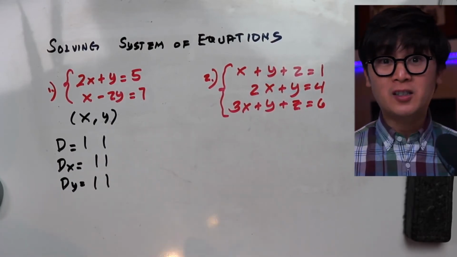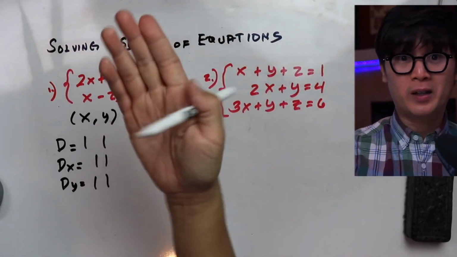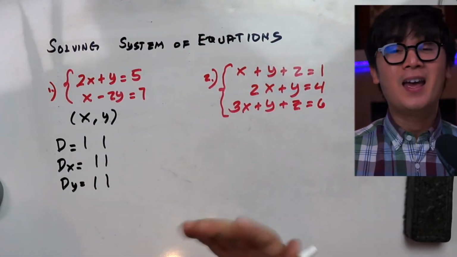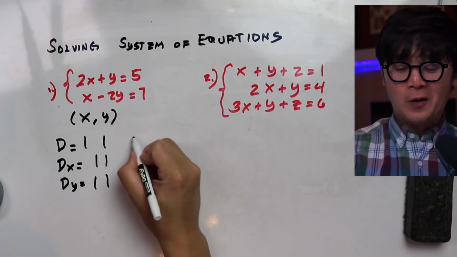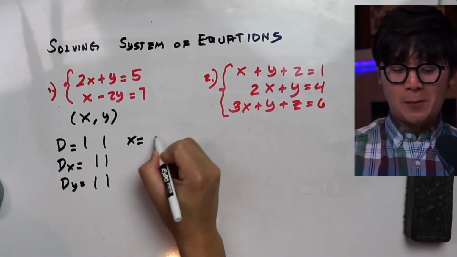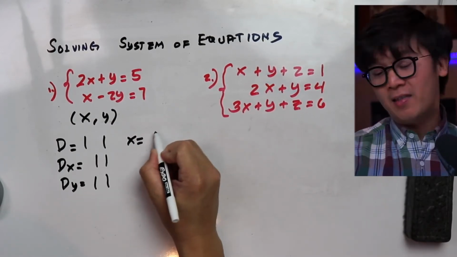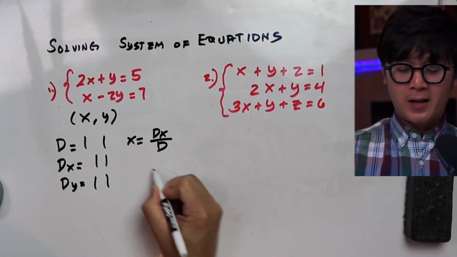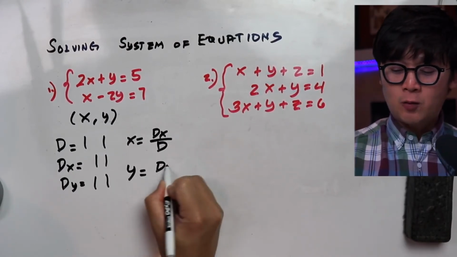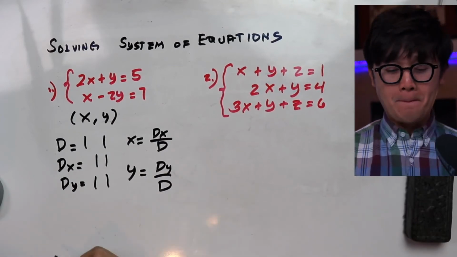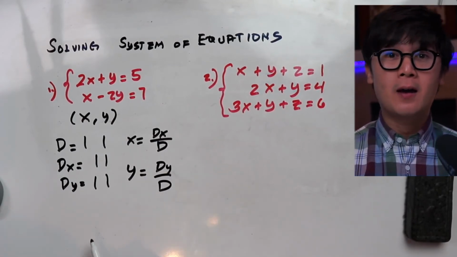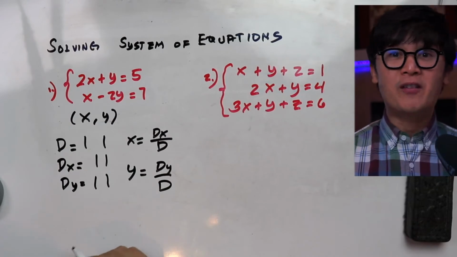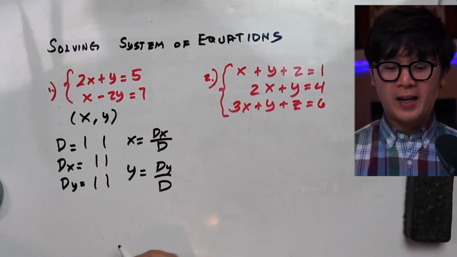And once we have these constants, which I'm not going to show because we have videos for that in the description box down below, we'll be able to find the value of x by finding the ratio of Dx all over D and Dy all over D.